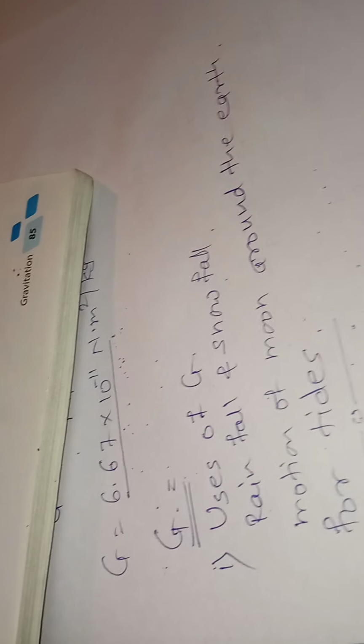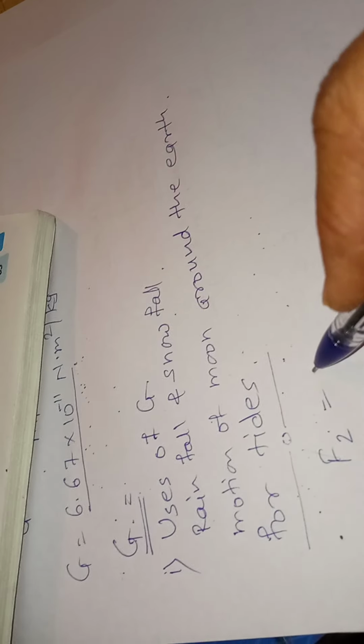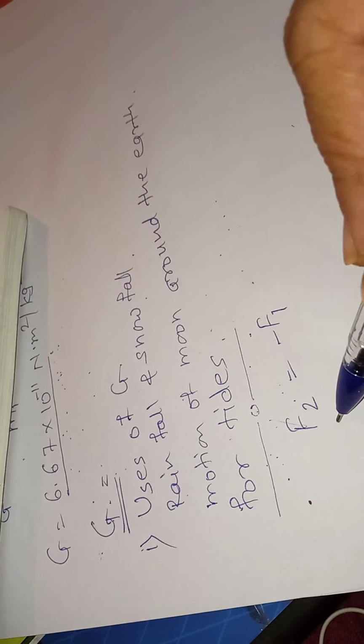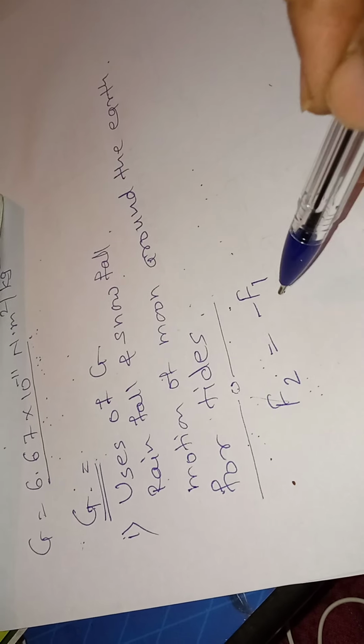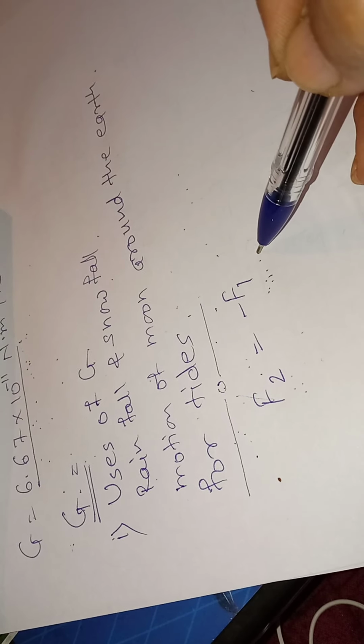The force of attraction between the two objects is of equal amount. Their magnitude is the same, but their direction is exactly opposite. Due to the same magnitude and opposite direction, the objects are stable. This is one of the most important properties or characteristics of gravitational force.